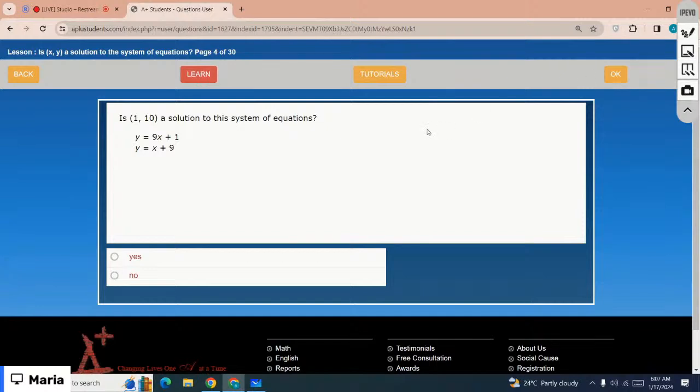Yes, the correct option is yes. The point 1, 10 satisfies the equation.